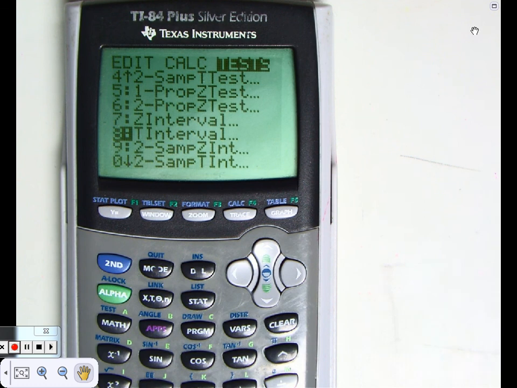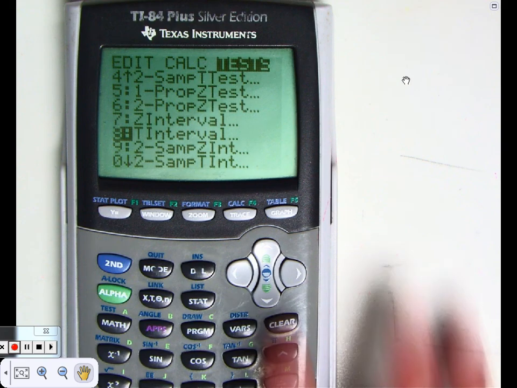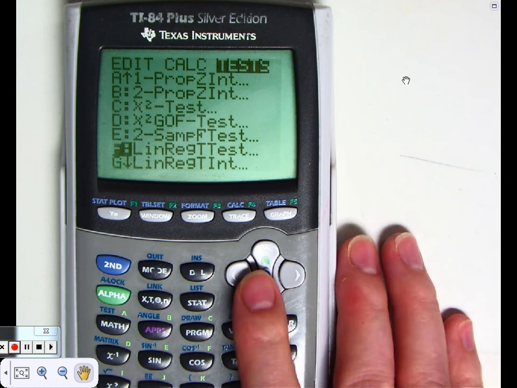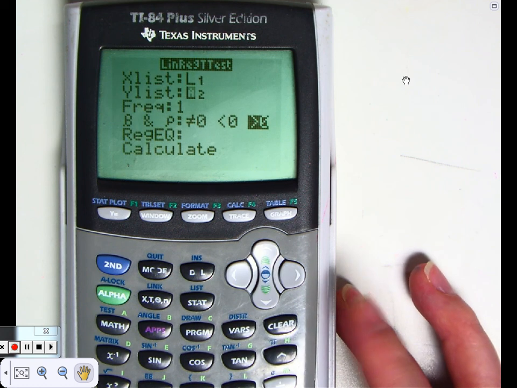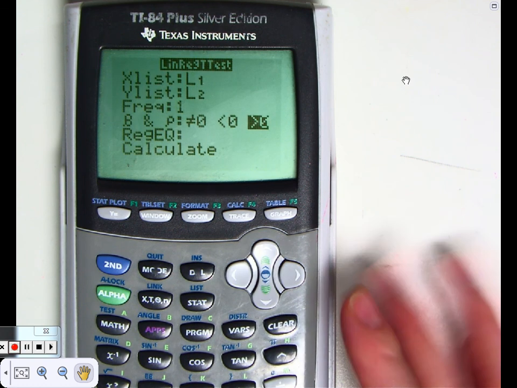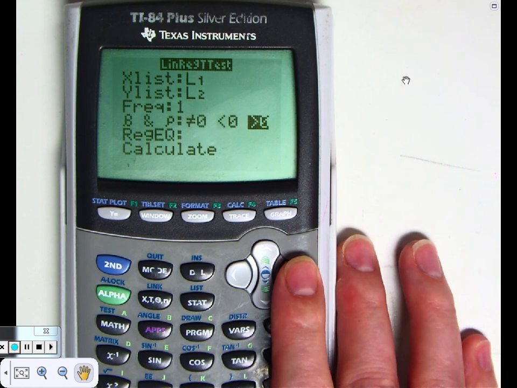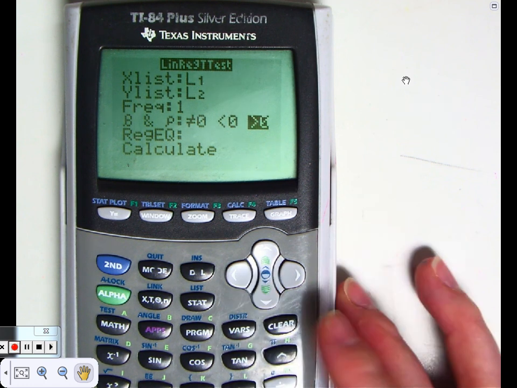If we look back, they say a linear regression t-test or a linear regression t-interval. And that works for both of them. So we're looking down for linear regression t-test. So a t-test, L1, L2, frequency, and then we think it's going to be positive, so we're going to select greater than 0, and we're going to calculate.